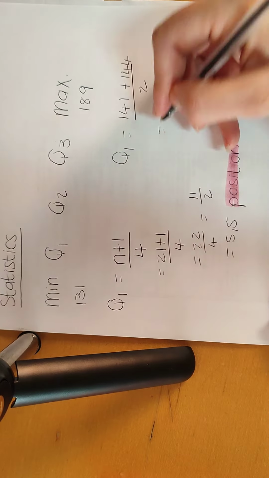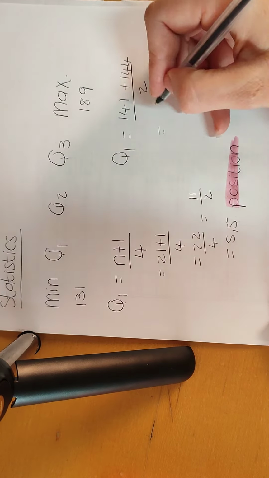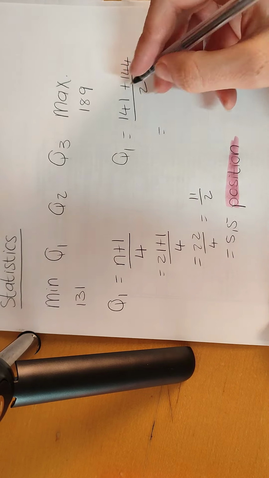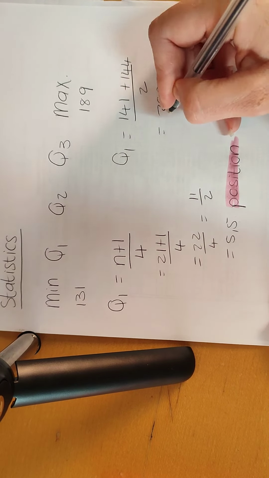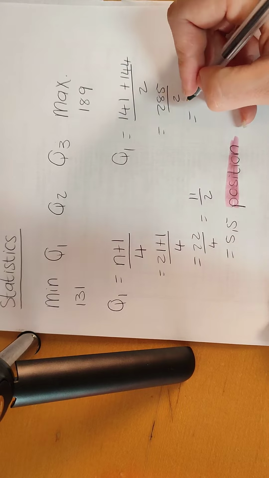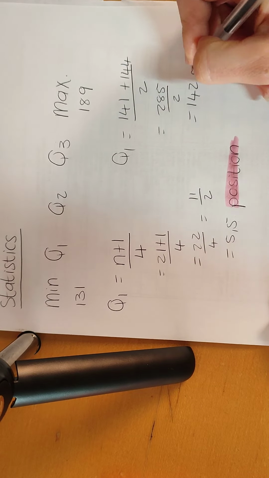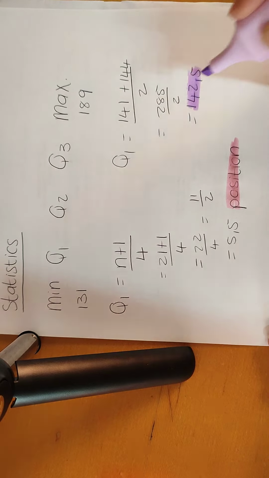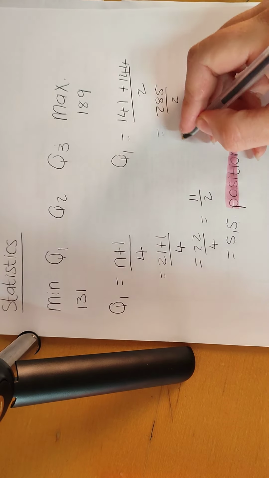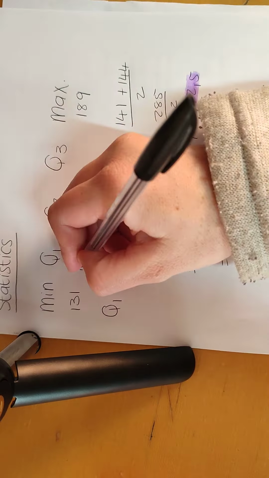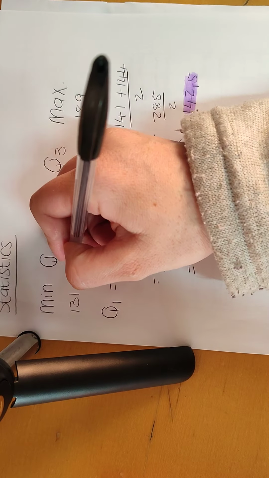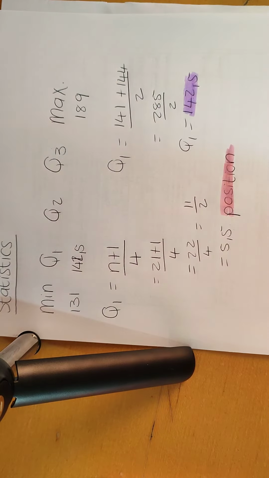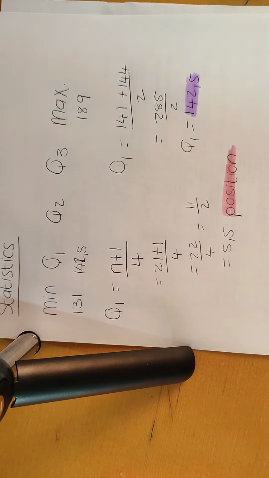It's like getting a mean. And that is equal to 141 plus 144, it's 285. Divided by 2 will give you 142,5. Now guys, this is your answer for quartile 1. 142,5 is the answer that you write here in your 5-number summary.